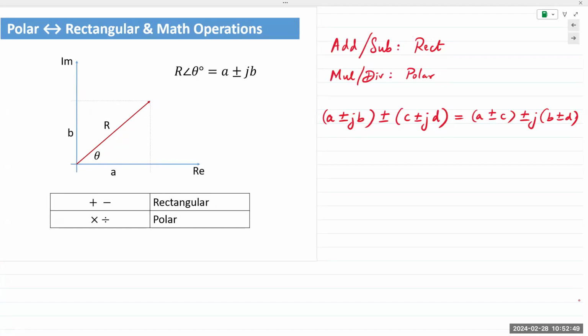And then if you are multiplying, it's easier to do it in polar coordinates. Let's say you have a number a with a phase angle of theta b, and you try to multiply it with c with a phase angle of theta d. The magnitudes are multiplied, a times c, and the phase angles are summed up, theta b plus theta d.